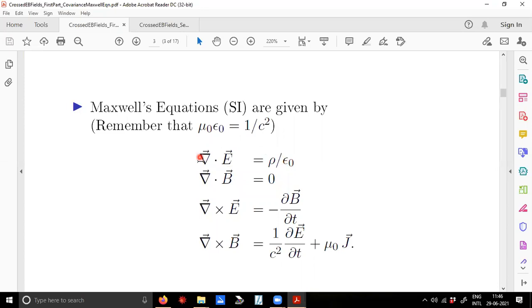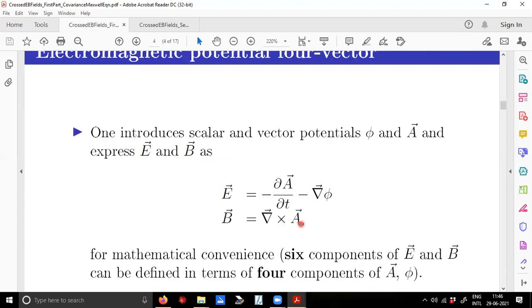This is a scalar equation. So how many counts? 1. You write 1 equation here. And this one? 1. 1 plus 1, 2. Now this one? 3. This one? 3. 3 plus 3, 6, 6 plus 1, 7, 7 plus 1, 8. So you have to write 8 different equations, which is done in a covariant way.